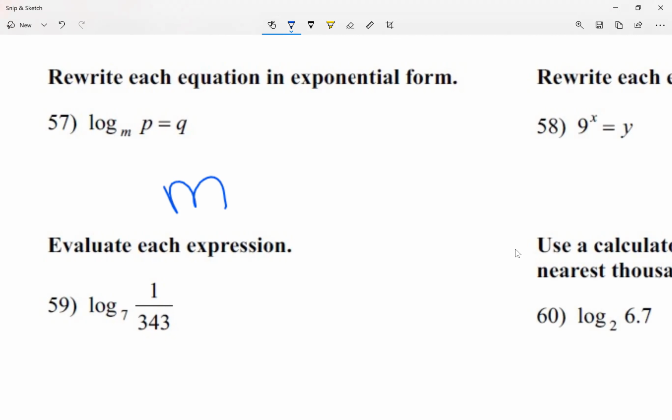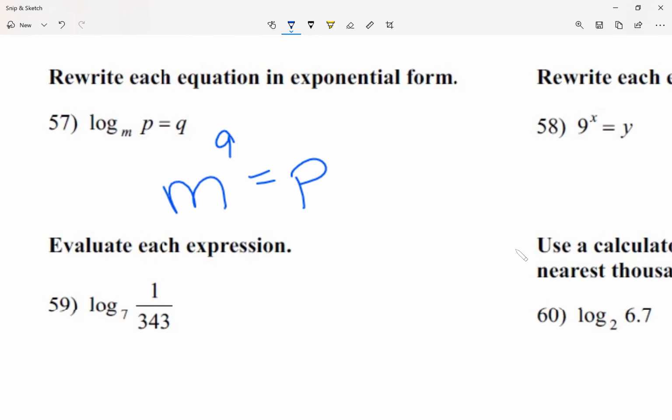That means whatever I have after the equal sign is the exponent. So I'm writing this as m to the q is equal to, and from what you can see, the only variable left is p. m to the q is equal to p. Okay, that's all we have to write.